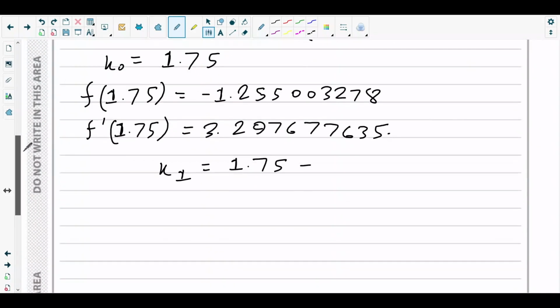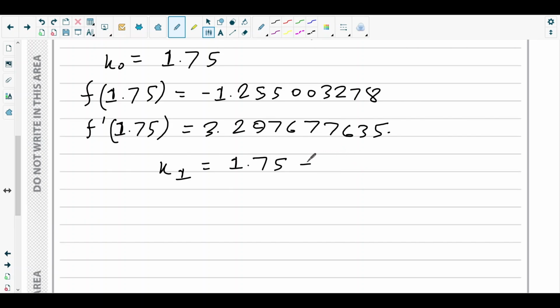Okay, now we need x1 equals x0, which is 1.75, minus f of 1.75. So f of 1.75 is negative, and minus minus makes it positive: 1.255 dot dot dot over 3.297 dot dot dot.